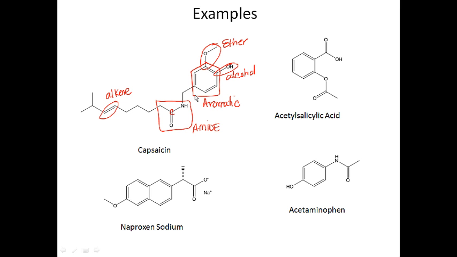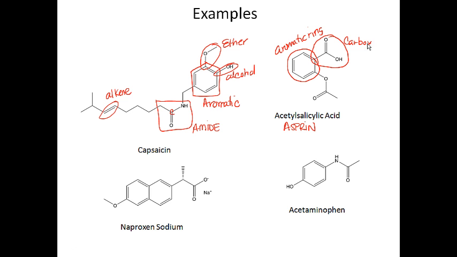Okay. How about acetylsalicylic acid? Acetylsalicylic acid is the major component in an aspirin tablet. What functional groups does it have? What's this? Aromatic ring. What's this functional group with the carbon on one side of the carbonyl and an OH on the other?